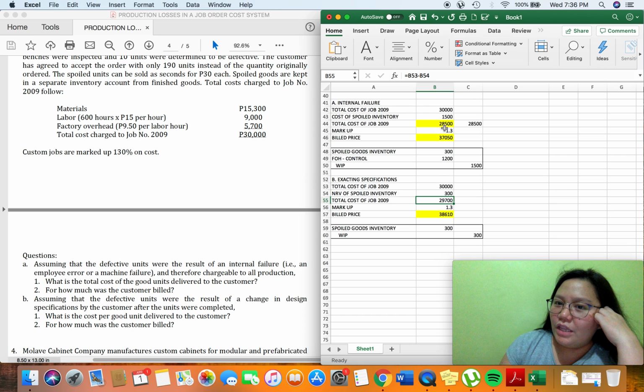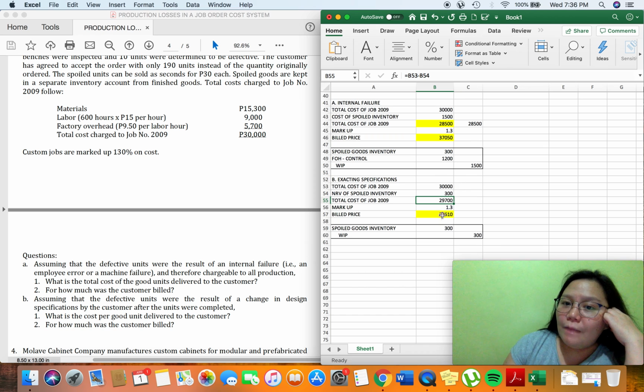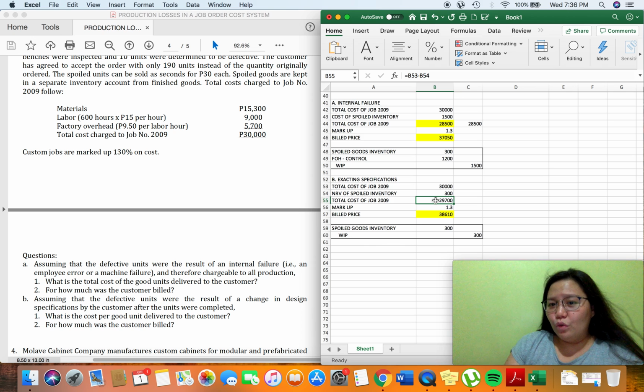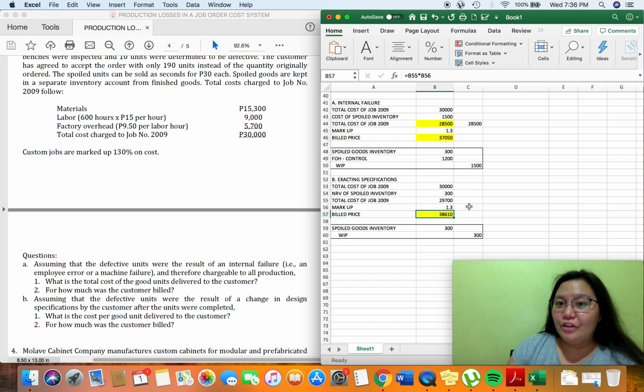So, if you get the difference between the two, yun yung 1,200 na kanina we have charged to the factory overhead control account. Okay? So, as a result, since the total cost is higher, the billed price will also be higher, di ba? Kasi nga, cost plus yung kontrata.